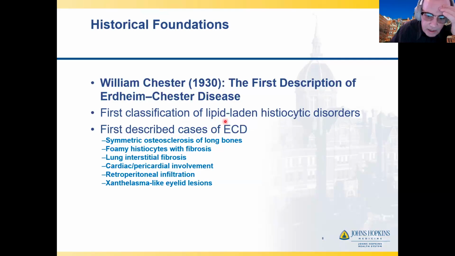This was the first classification of lipid-laden histiocytic disorders. And he showed that it actually involved the bone, the osteosclerosis, which is fibrosis of the bone, and also the lung, the heart, the kidney, retroperitoneal fibrosis, and also the eyelids.